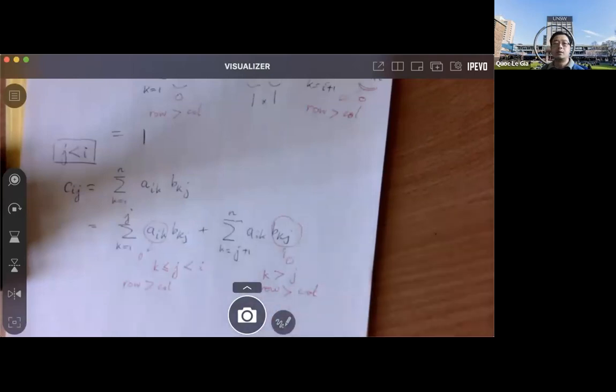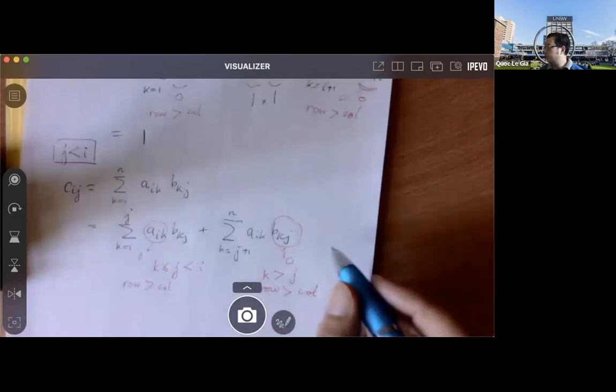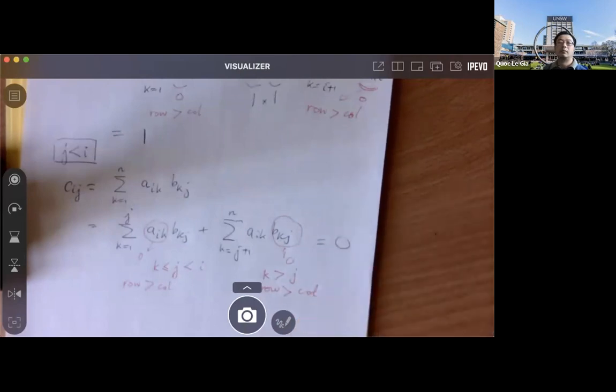So 0 plus 0 equals 0, so everything equals 0. So that is the lower triangular part of matrix C. It makes sense because the lower triangular part of the matrix A is 0, and the lower triangular part of the matrix B is 0. So when you multiply, it just equals 0. So that part is reasonable.